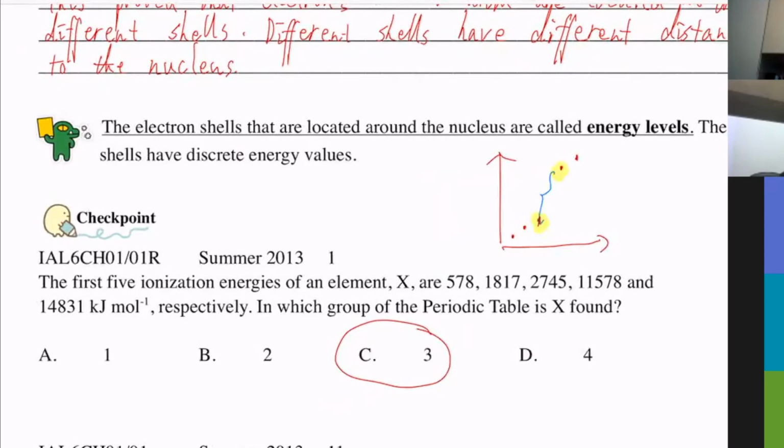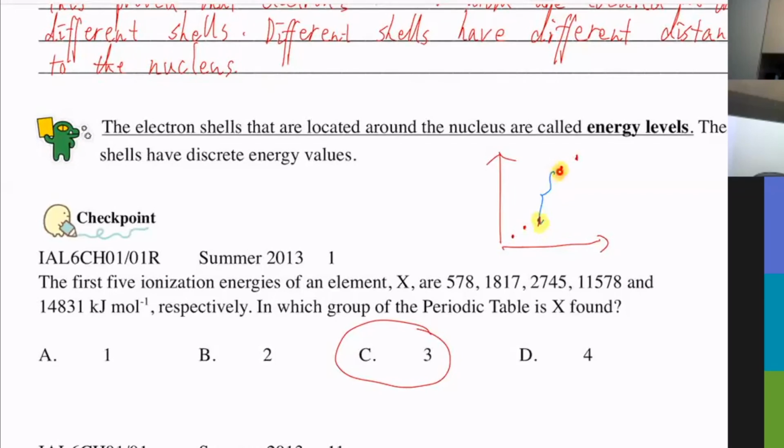That means these 3 electrons are in the outermost shell. You can see an increasing trend because it's harder to remove the second electron because it's already positively charged. We've discussed that before, the trend for ionization energy. But the difference is not big enough to say that they're not from the same electron shell.